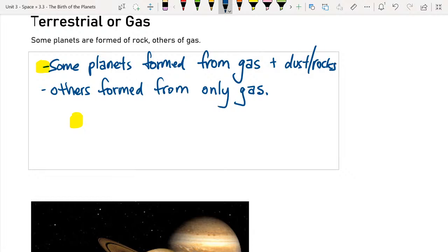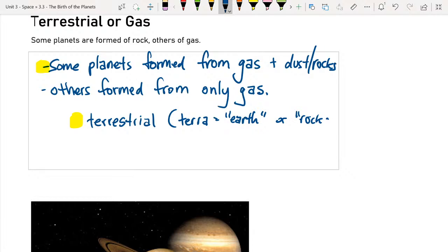And so the rocky planets, the ones made of dust, rocks, and gas, are called the terrestrial planets. Terra means earth or rocks. If you spoke Latin, no science names would be confusing. This literally means rocky planets, but scientists being fancy are like, oh, they're the terrestrial planets.